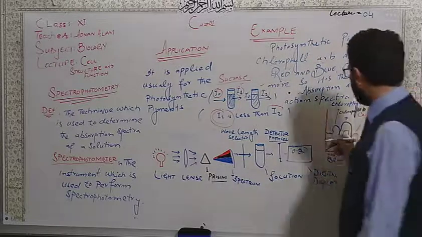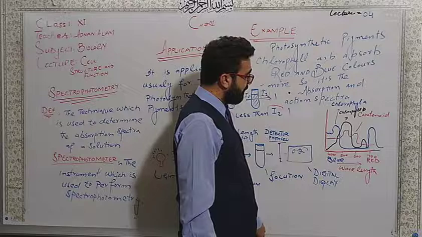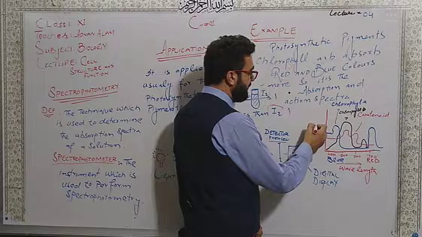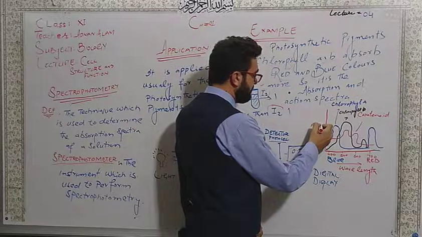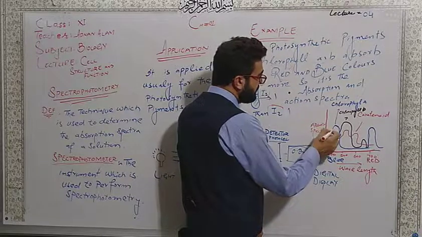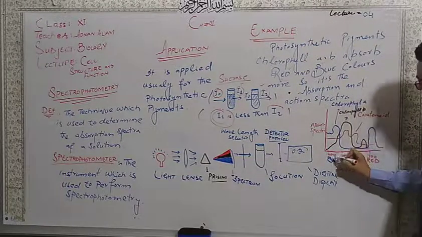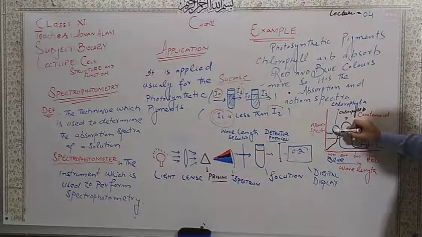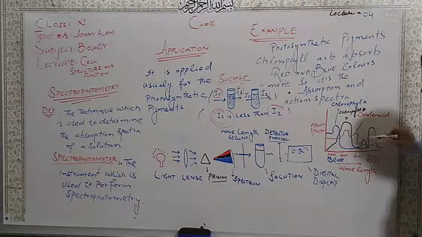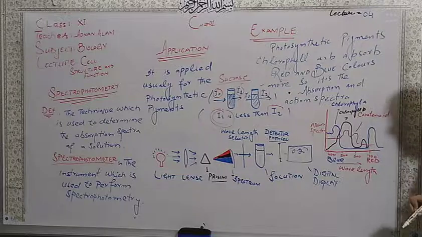If we come to the graph, this is the wavelength and this is the absorption spectra. My dear students, if you see 400 nanometer, which is the wavelength of blue color, chlorophyll A is showing a high amount, the graph is high, and next the graph is high here at 700 nanometer.